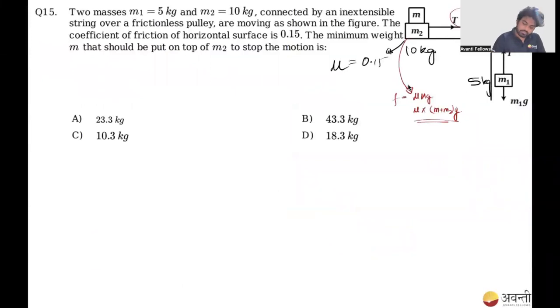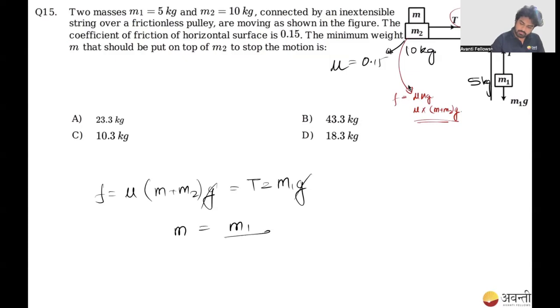So F is equal to mu (M plus M2) g, which should be equal to the tension force, which is equal to M1g. g cancels. So from here we can get M is equal to (M1 minus mu M2) upon mu.